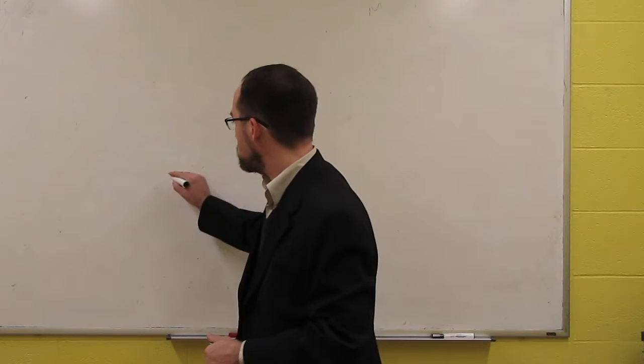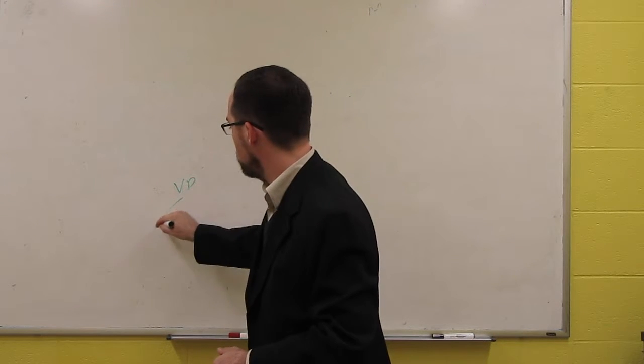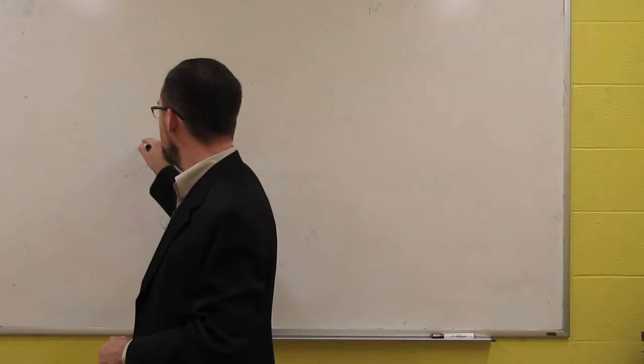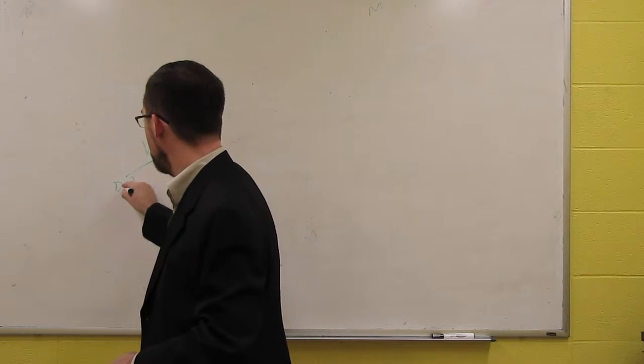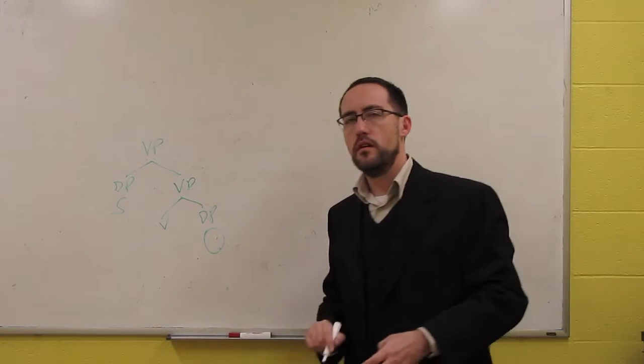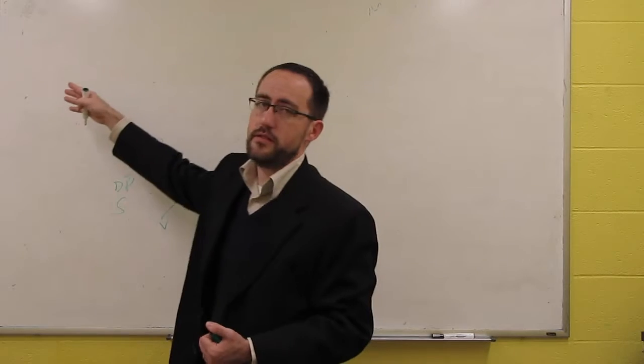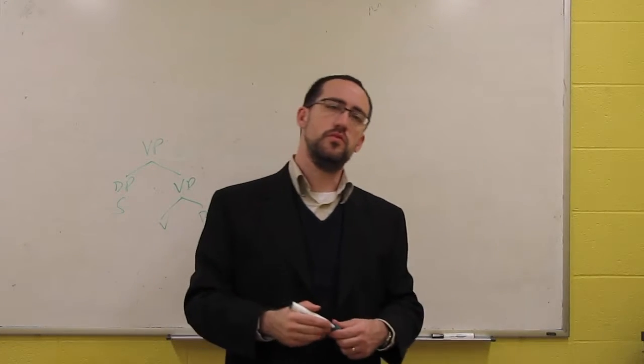And what that means is that for our VPs, we'll have the object here, and then the subject will be in specifier of the VP projection. And then in languages where it needs to be in TP, then it will have to move there.